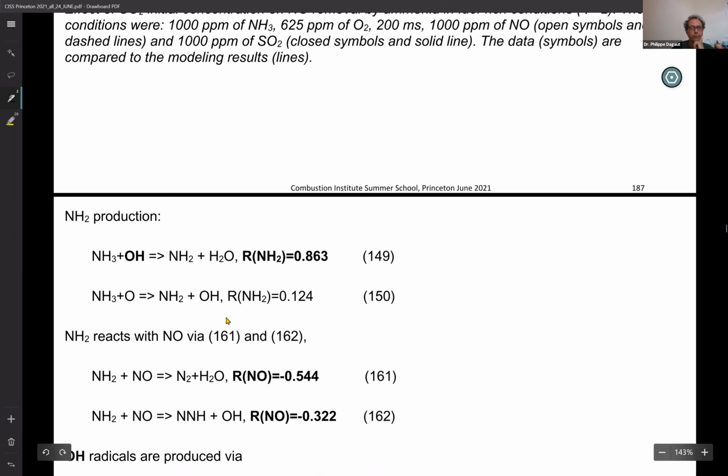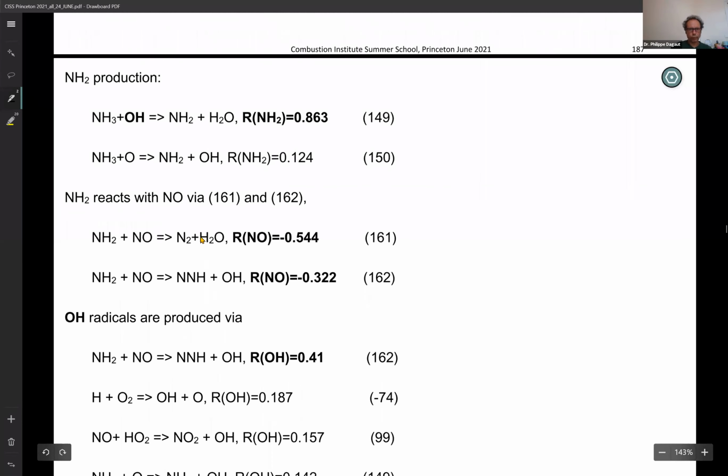There is another one, minor route, by reaction with oxygen atom, producing NH2 and OH. NH2 reacts with NO through two channels. One giving directly molecular nitrogen, and the other one producing NH, which will decompose and produce N2 plus H.